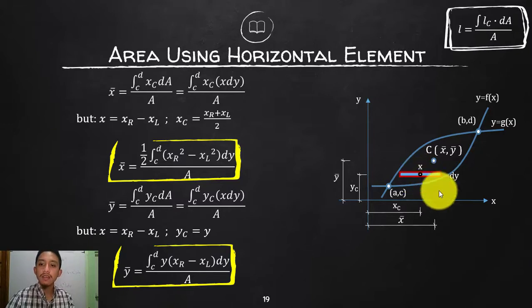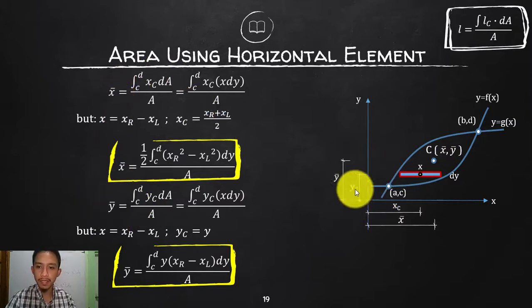So what I will do is the same thing. Y bar, that is the centroid of the total with respect to vertical, or the vertical centroid, is the summation of the moment of the strip divided by the total. So again, our centroid now is y bar since we are referring to vertical distance.